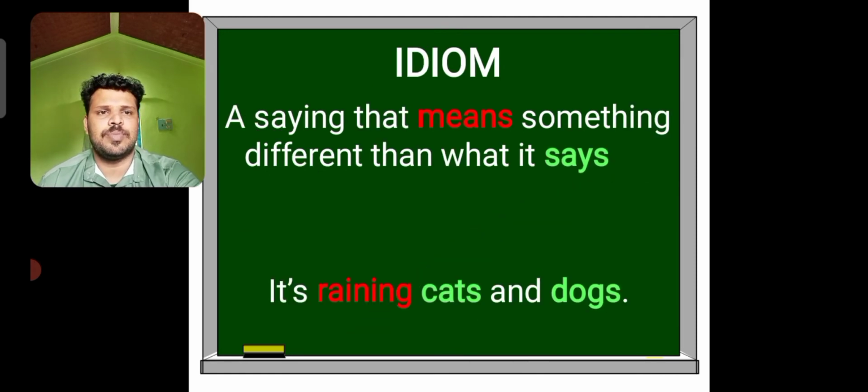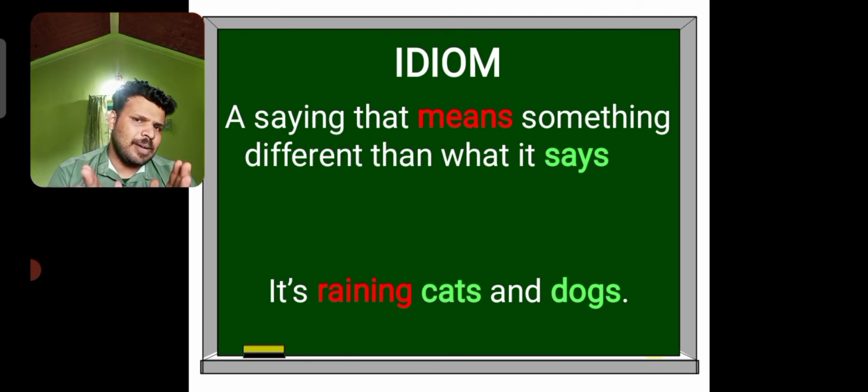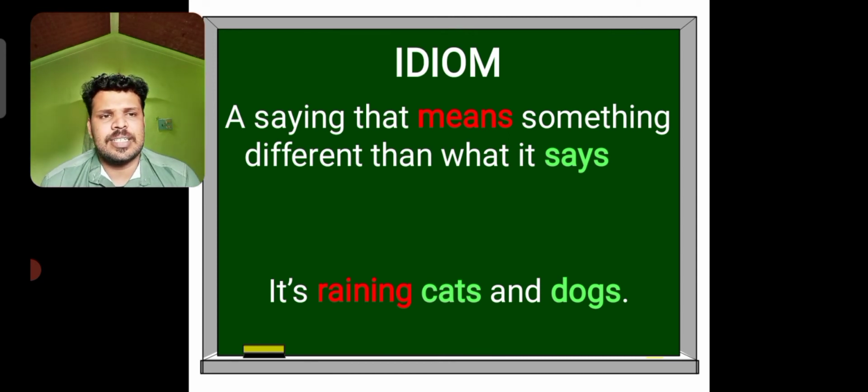Okay, let's move on. Next one is idiom. Idiom is very simple and it's not as important from an exam point of view. An idiom is a saying that means something different than what it says. Look at the example, you will understand. It's raining cats and dogs.